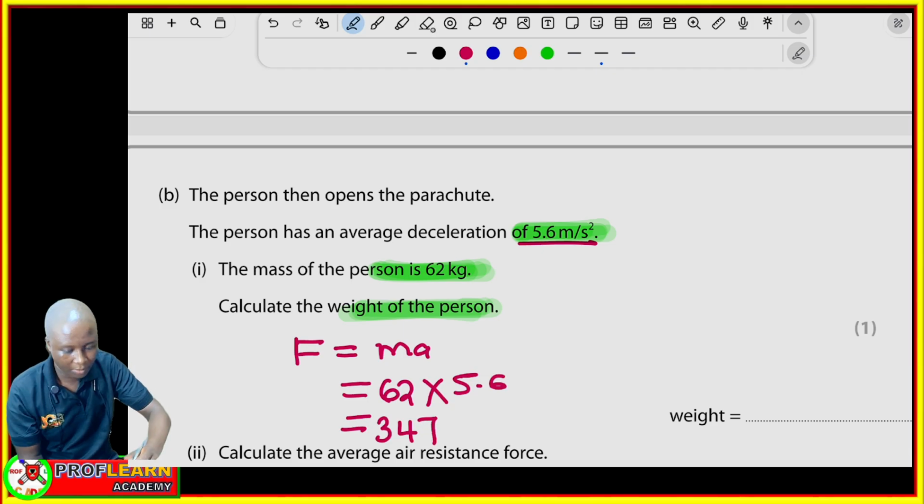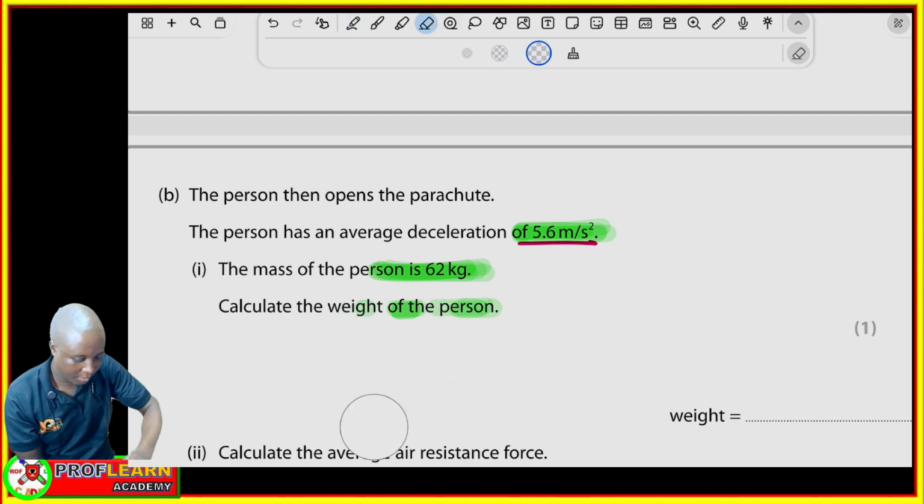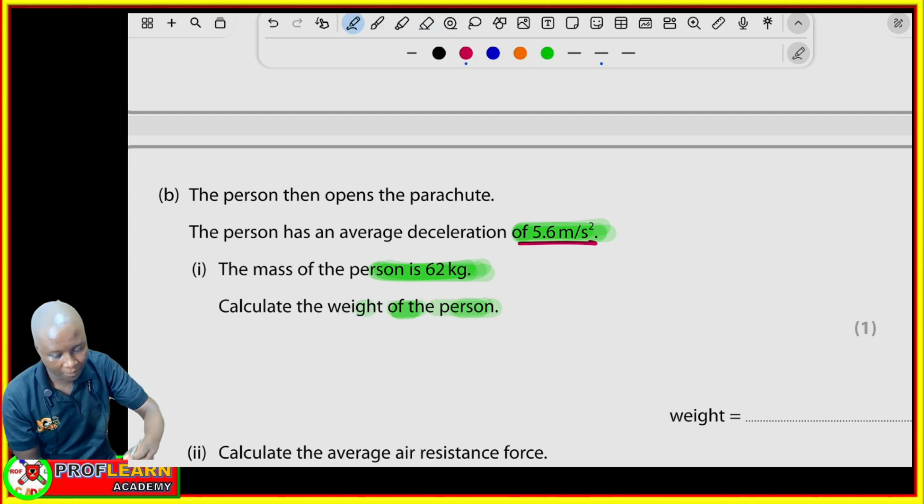I think I'm just jumping the gun. The question is actually calculate the weight.